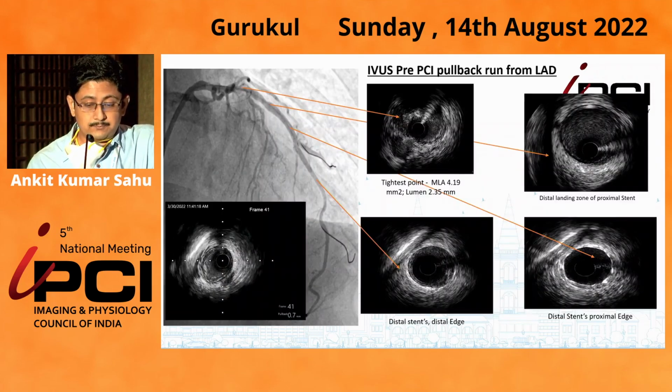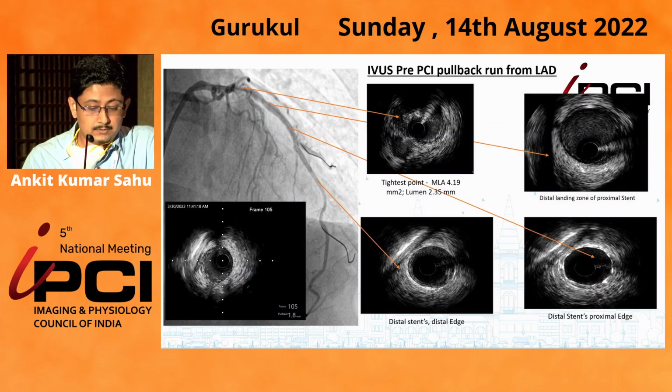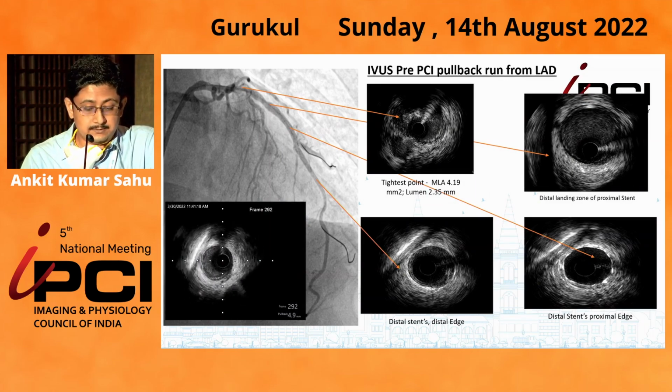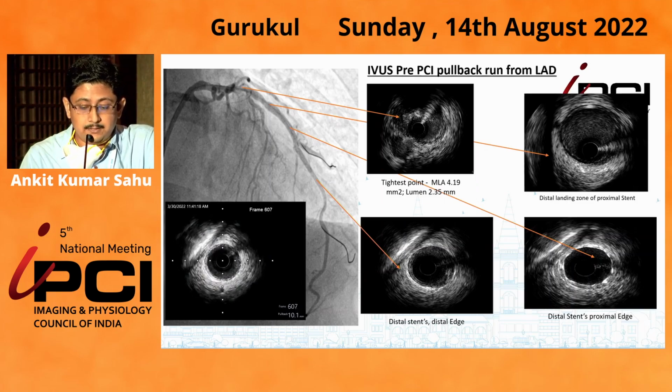Then we did the IVUS pullback from the LAD, which showed the distal stent, and the distal stent edge was okay. There was no dissection at the distal stent. The distal stent was optimally expanded and well apposed with a good minimal luminal area achievement in the distal stent.